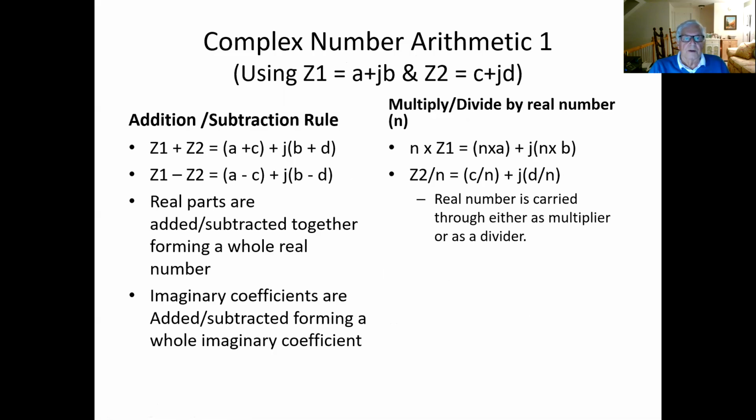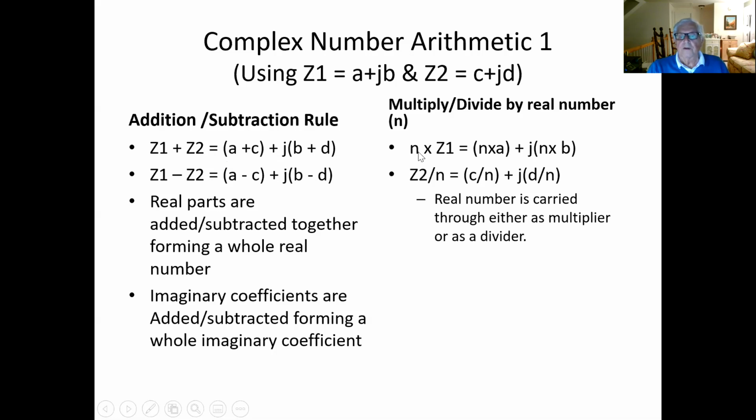So let's play around with these and try to figure out, first of all, we know what the addition and subtraction rules are. We add the reals together, and we add the imaginaries together, or subtract them, whether we're adding or subtracting.